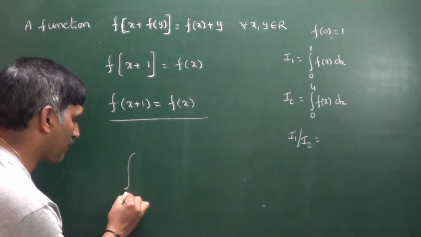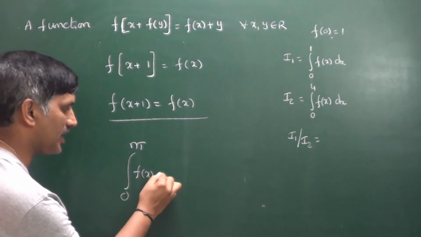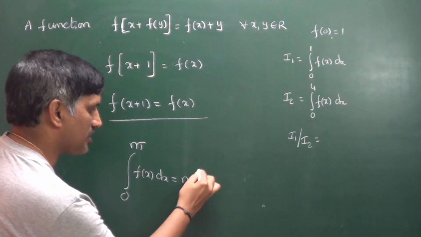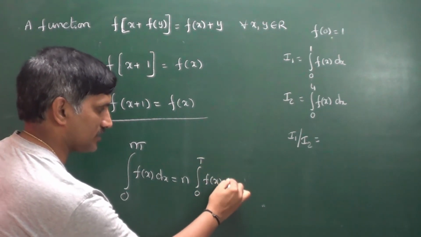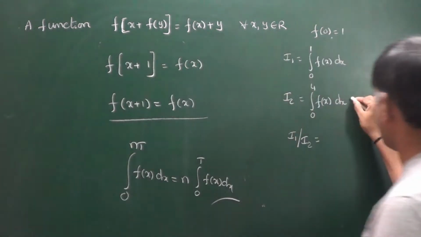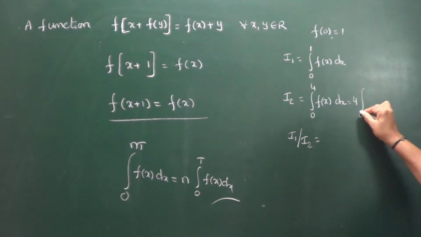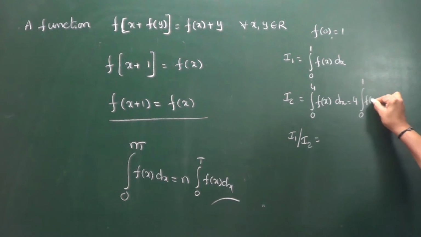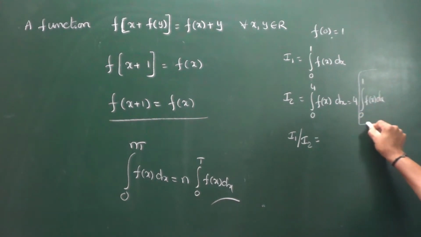Whenever it is a periodic function with period t, we can write integral 0 to nt f of x dx as n times integral 0 to t f of x dx. That is the information. Now we can write this one as 4 times integral 0 to 1 f of x dx. But this is nothing but I1.